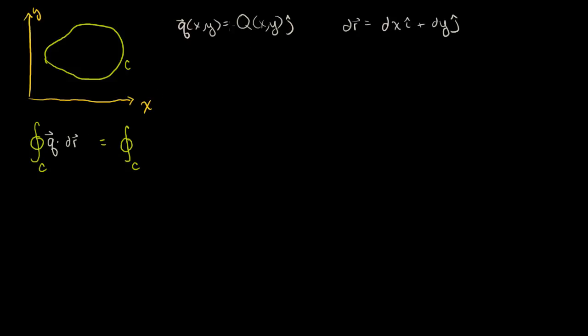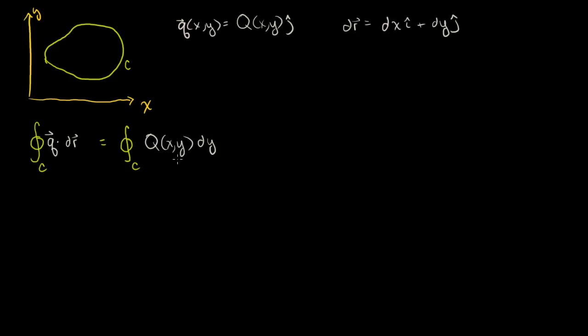So it's 0I, so 0 times dx, that's just 0. And then you're going to have Q(x, y) times dy. There was no I component. So this is just going to be Q of x and y times dy. That's the dot product. There was no I component. That's why we lose the dx.